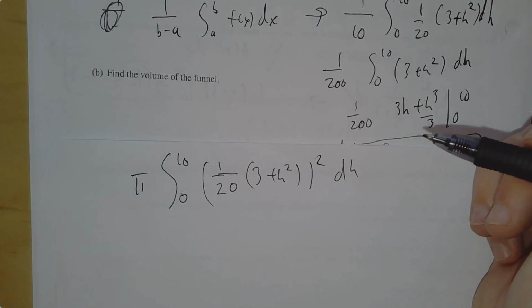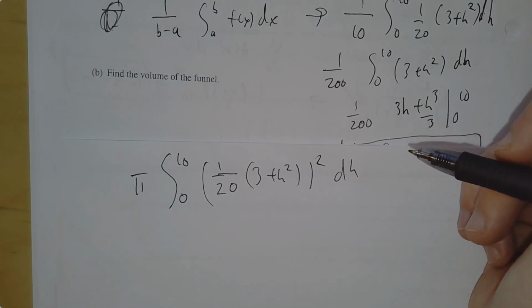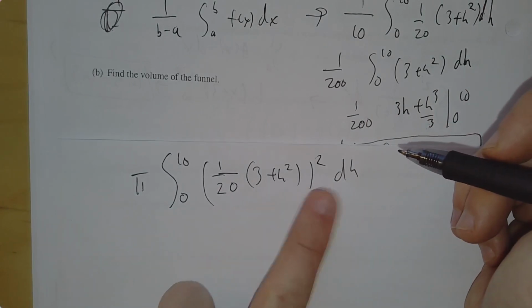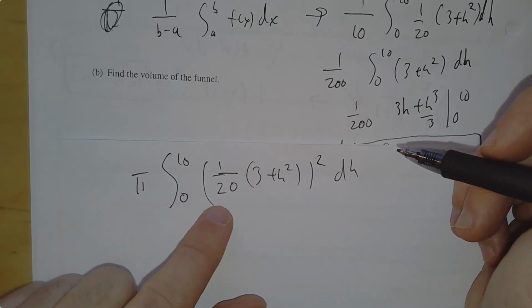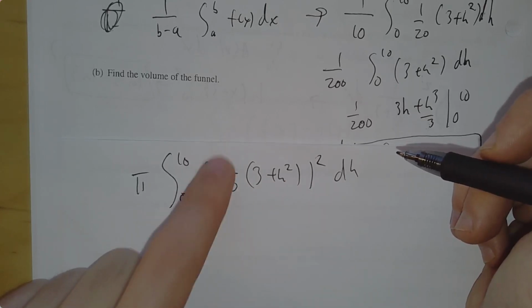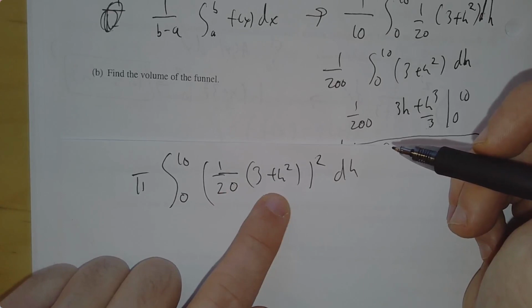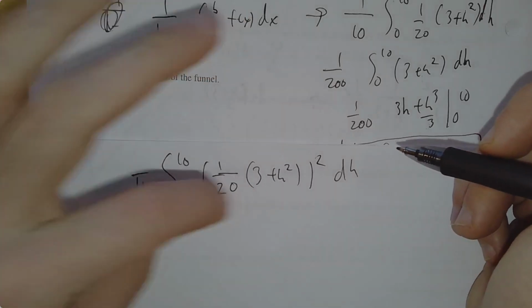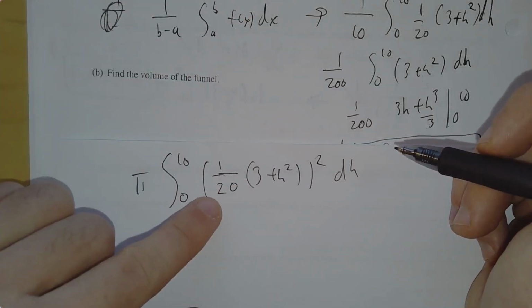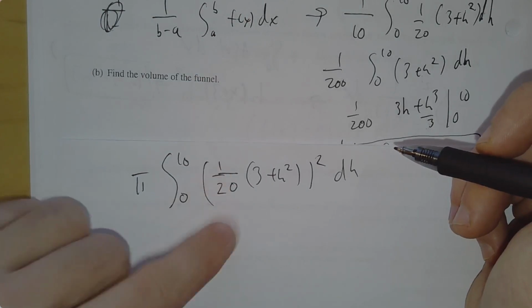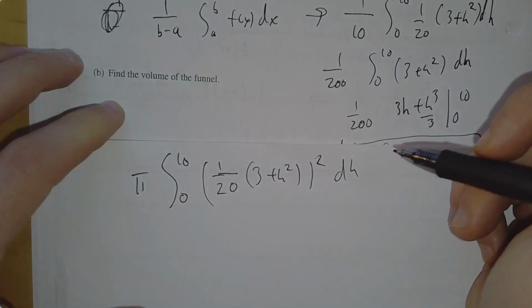So it's kind of messy, this one. When you square this, when you multiply it by itself, you're going to get 1 over 400 here. Okay? And then you're going to have to do box method on this. Does that make sense? So when you multiply this by itself, you're going to get 1 over 400 up front.